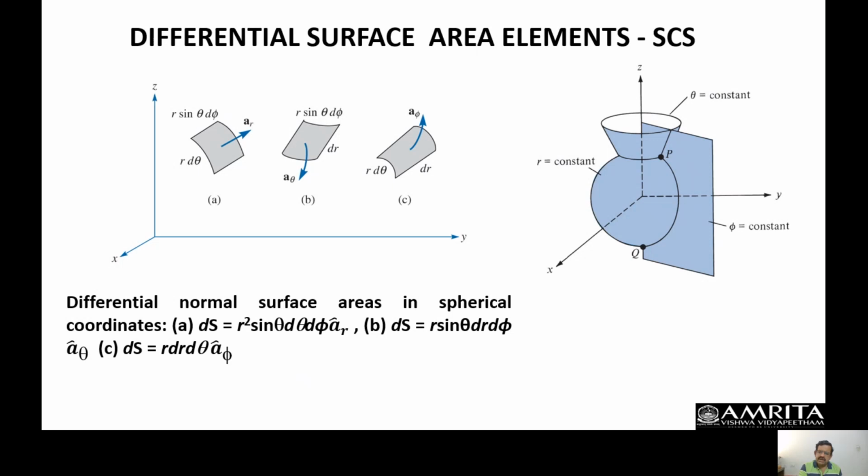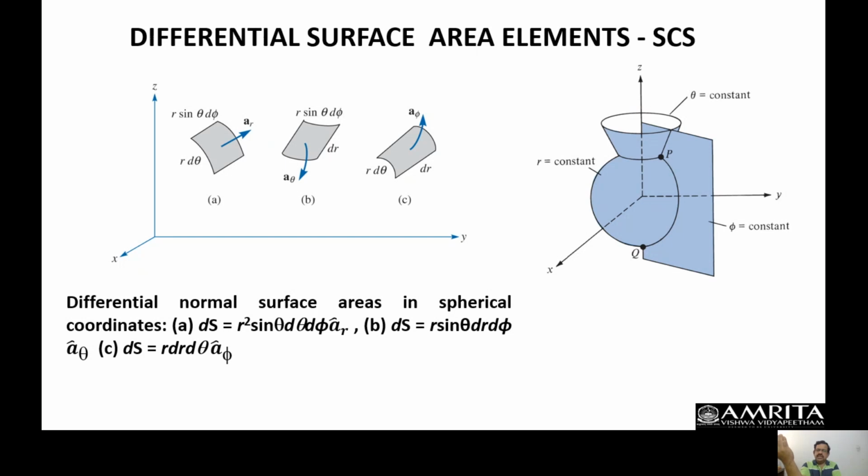So if I draw a radial vector from the origin of this coordinate system, this radial vector makes an angle theta with the z-axis. If I rotate this radial vector around the z-axis, I will sweep a cone which is shown as theta constant. I want you to imagine that keeping theta constant, you rotate the radial vector like this, you get a cone.